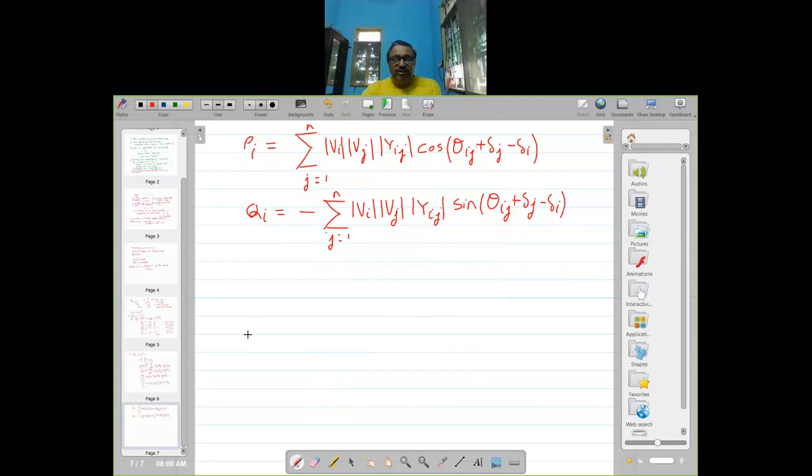So now as you can see, these are called static load flow equations.